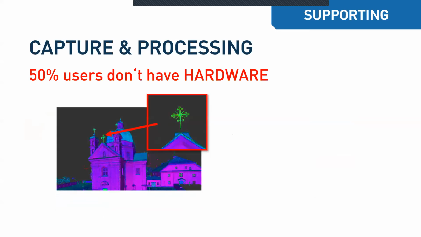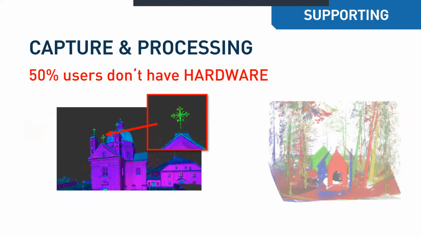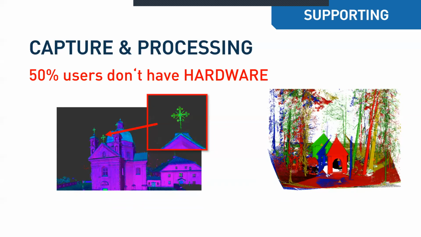So, capture and processing. It's one problem to get the point cloud data when you want to start modeling. But another problem, you need to get point cloud data with enough density to prepare required drawings. When you need to show detailed drawings, you need a detailed point cloud. For some users who have scanners, it is very easy to do scanning, but sometimes we have trouble with registration.